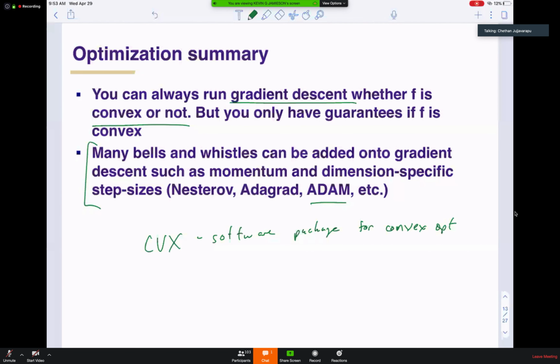The question: we were talking about convex functions and sets, but how do you deal with a non-convex function where you're at a local minimum but you want to get to a global minimum? Yeah, great question. If we had the answer to that, we would maybe win a Turing Award.